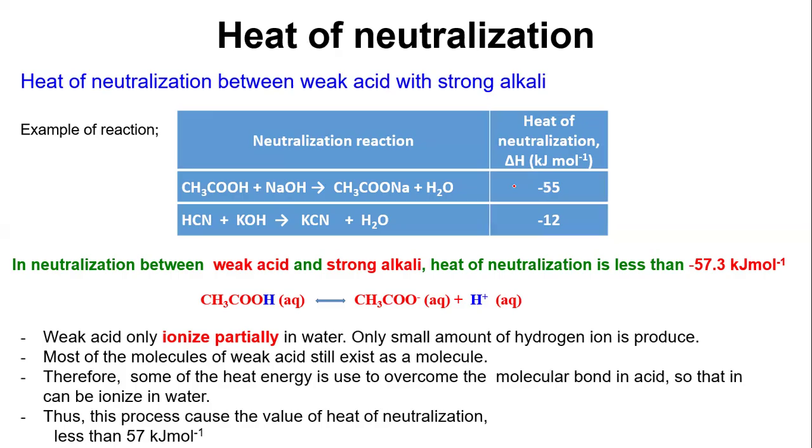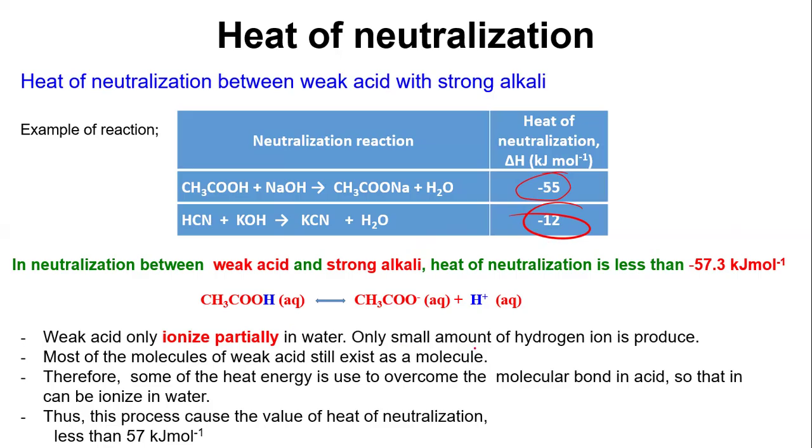Good. So unlike the strong acids, which dissociate completely, the weak acids dissociate partially. Because of their partial dissociation, they have to absorb extra energy to overcome their intermolecular bonds, to fully dissociate before they react completely to give us our product. So that is why the heat of neutralization here has reduced. If we are reading, we are saying that weak acids only ionize partially in water.